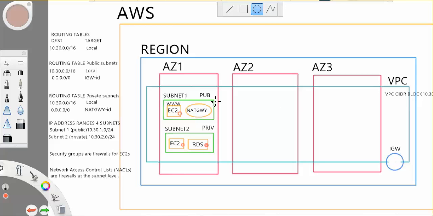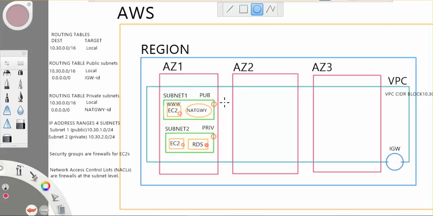Most of the time we don't touch the network access control list, what's called NACL for short. They're called NACLs. Okay, so keep that in mind.